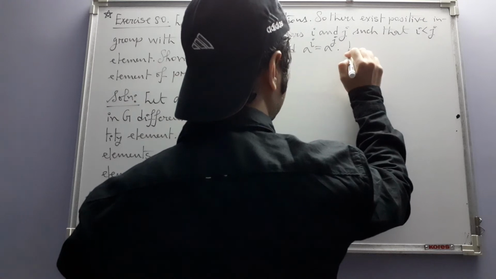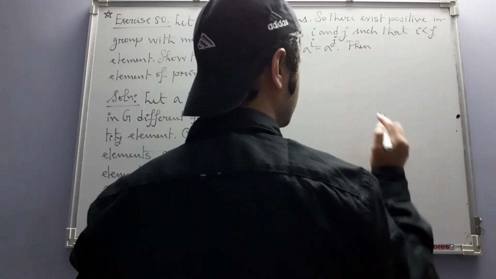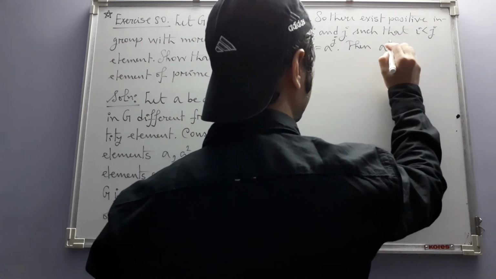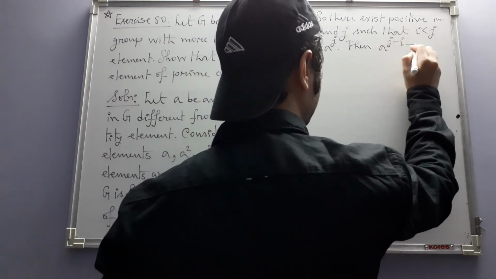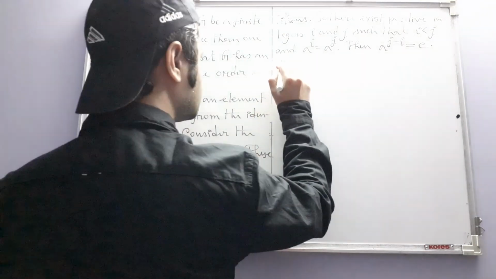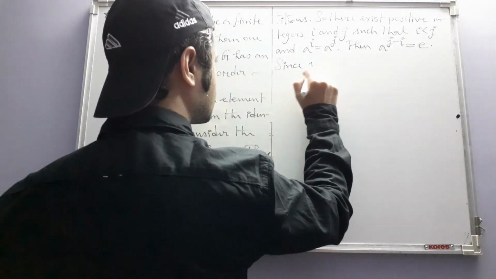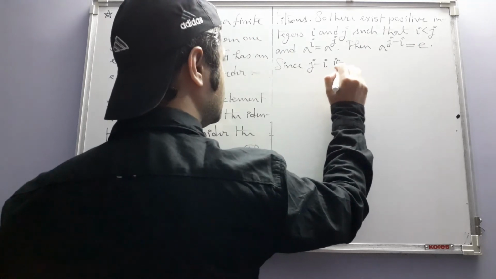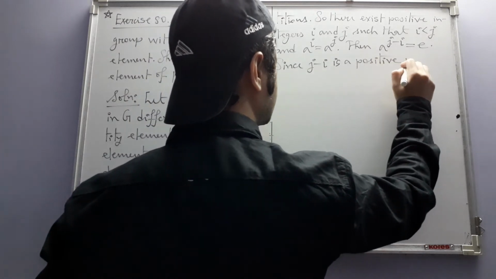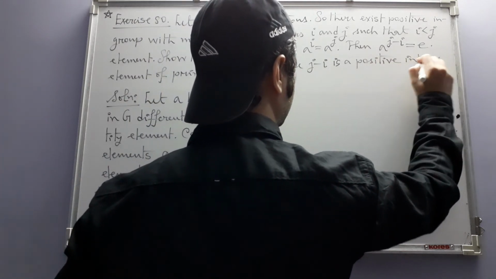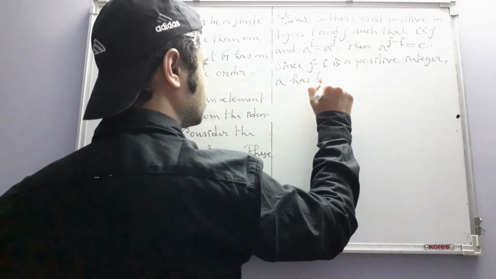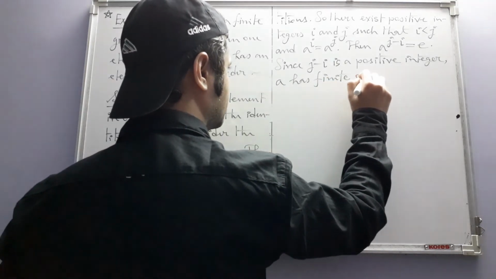Then using the rules of exponent or using the calculations we ordinarily do in a group, a to the power j minus I is equal to the identity. Since j minus I is a positive integer, a has finite order.